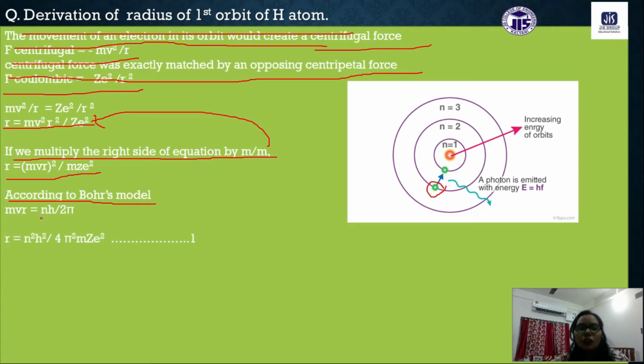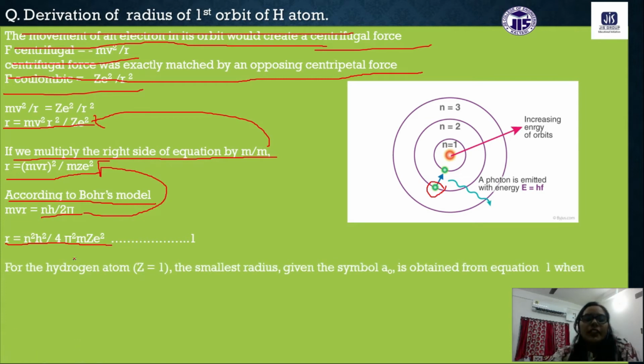So if we put this nh by 2 pi value in this equation, what will happen? r equals n square h square by 4 pi square mz square.